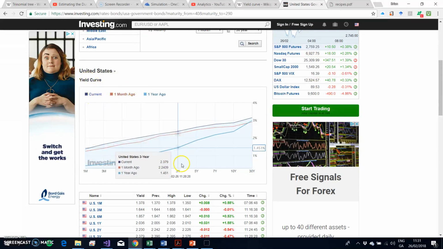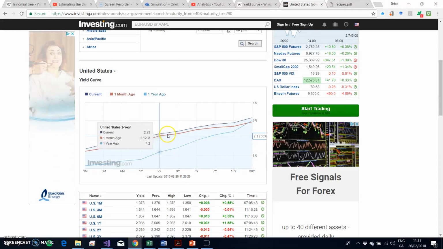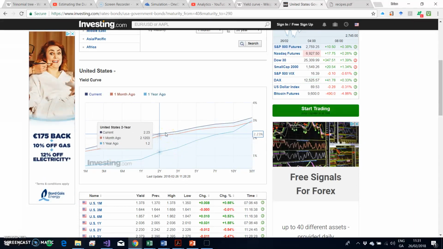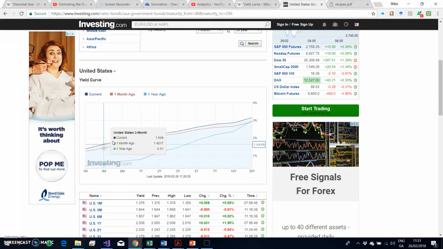So the yield curve 3 years ago, 2 years ago, and where are we? Current, is it current? And then the rate of interest for 1 month, 3 months, 6 months, going up to 30 years. The longest dated instruments for US Treasuries is 30 years.